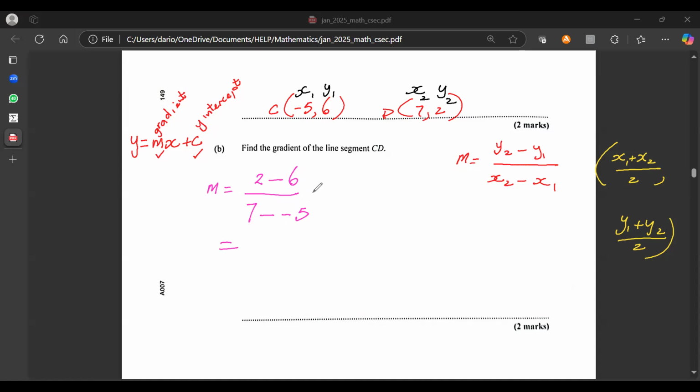Now, what is 2 minus 6? 2 minus 6 is negative 4, divided by, now this is a little trick, Jenny, minus and a minus gives a plus. So this is 7 plus 5, and 7 plus 5 is 12.